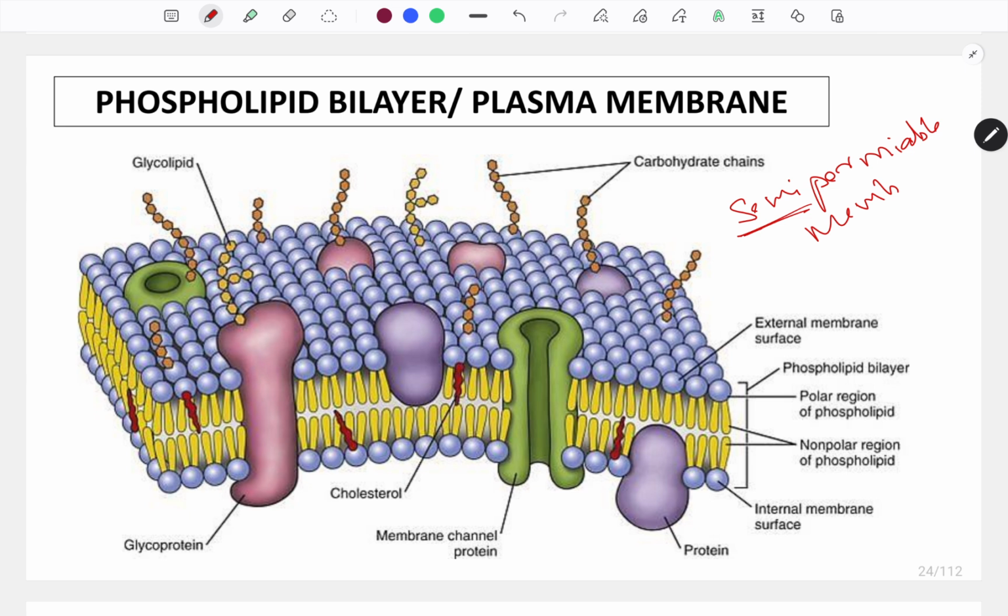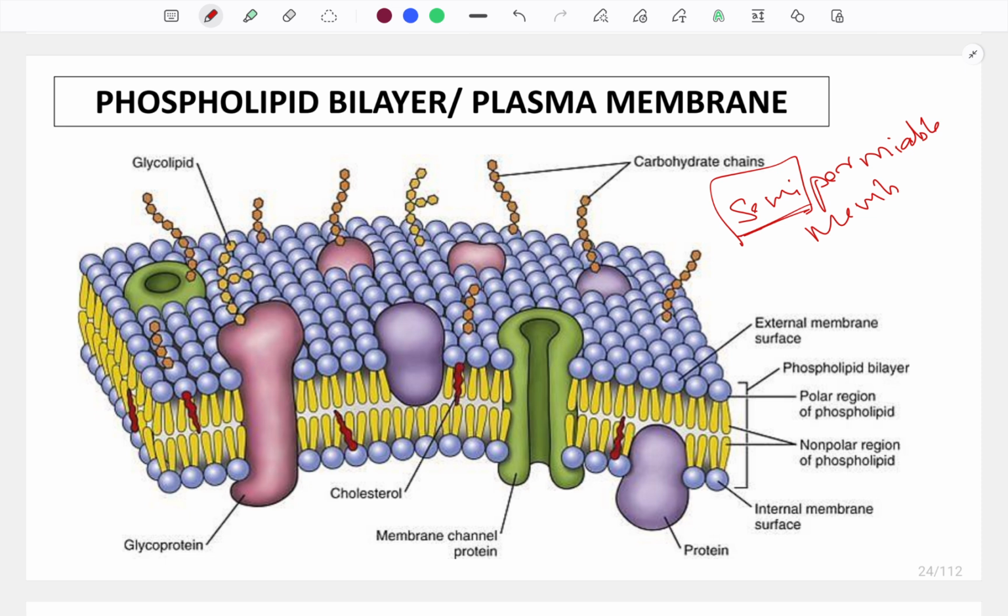If a cell allows everything to come in, then it is permeable. If it is not allowing anything, like a cell wall, then it is not a permeable membrane. If it is allowing selected or particular things, then we call it a semi-permeable membrane. So the phospholipid layer or plasma membrane is called a semi-permeable membrane.